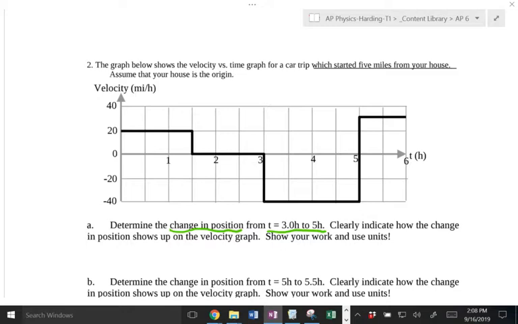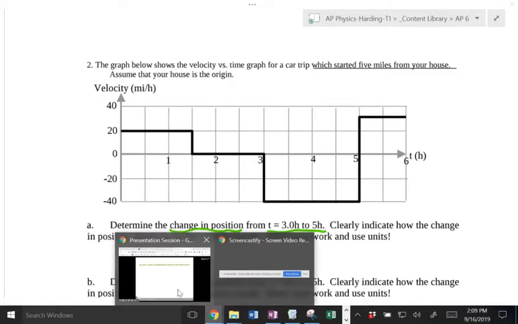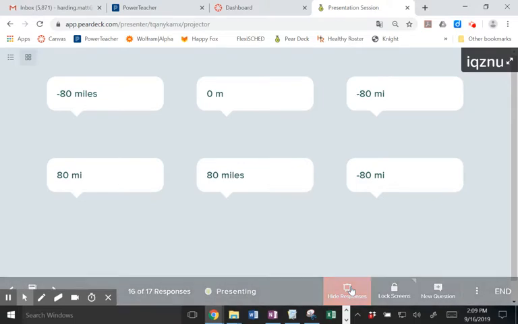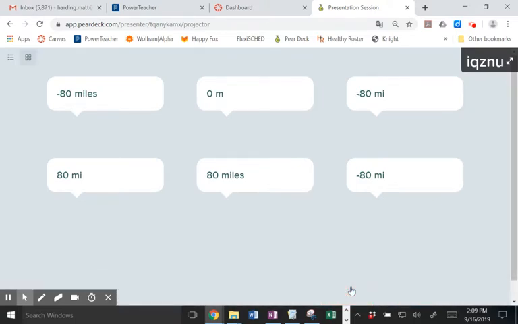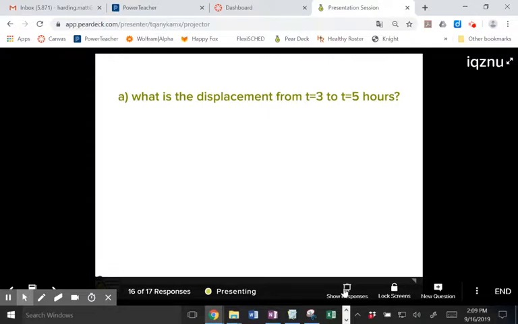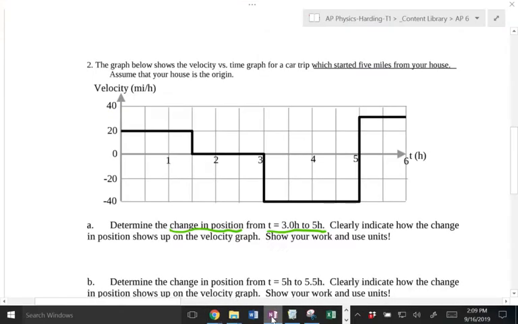All right, here are some of the various answers that I'm seeing: negative 80 miles, 0 meters, negative 80 miles, 80 miles, 80 miles, negative 80 miles. So talk to your neighbor about units, okay? And how you're arriving at your answer, from 3 to 5.